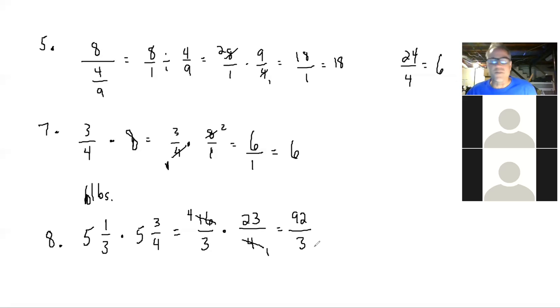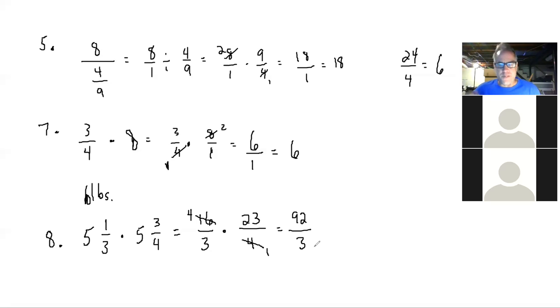Now, 92/3 is actually, in a higher level math course, something I would be fine with. However, the reason it's counting it wrong, in the blue right below the answer field, it says simplify your answer, type a whole number, proper fraction, or mixed number.